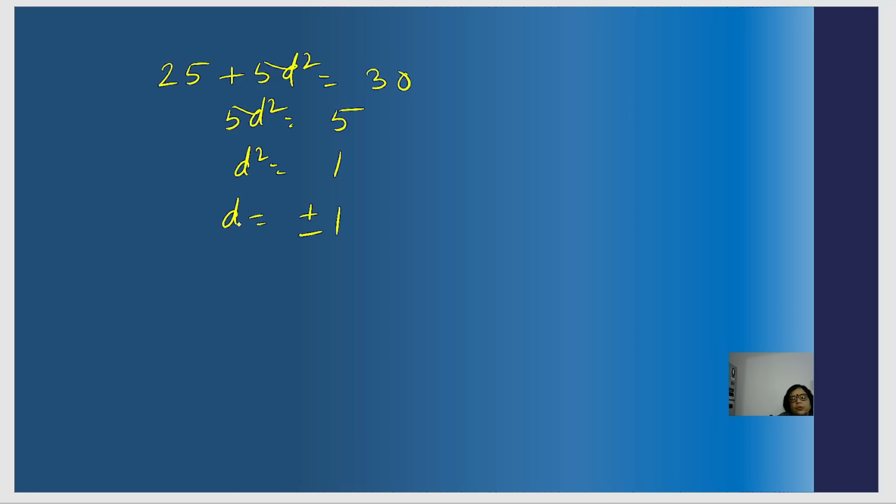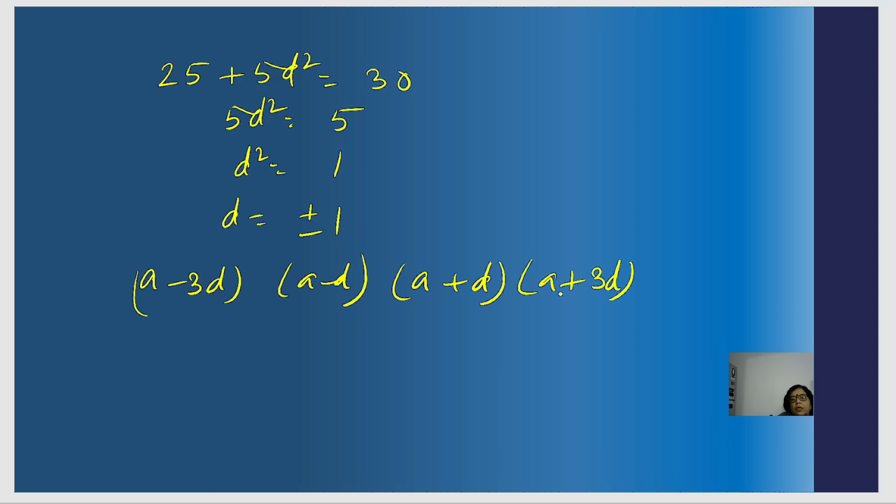Now in order to select the terms, the first term was a minus 3d, the second term was a minus d, the third term was a plus d, and the fourth term was a plus 3d. So here to get the terms, we got the value of a as equal to plus 5. If we take the positive value of d first, we'll get over here 5 minus 3 into 1, that is 5 minus 3, that is 2.